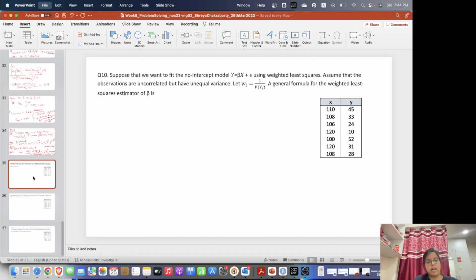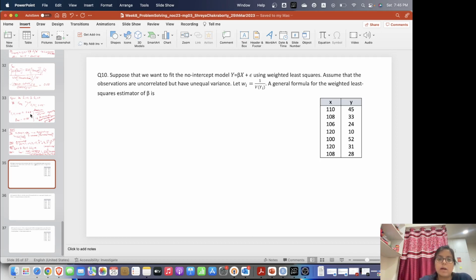So now I will try to give some idea on how we should calculate or get the weighted least squares estimator. I don't think this has been discussed in the class, but nevertheless I'm going to give some idea so that if questions like these come, then hopefully you'll be able to address it.